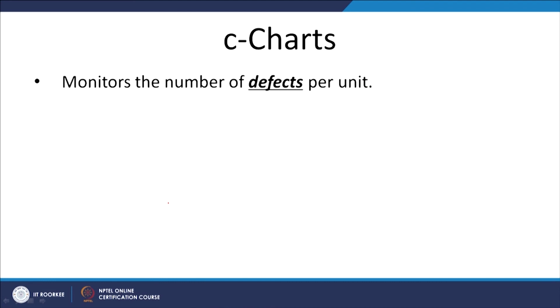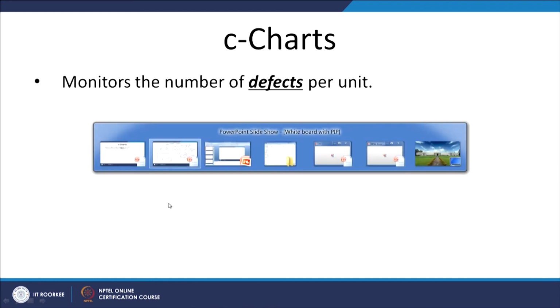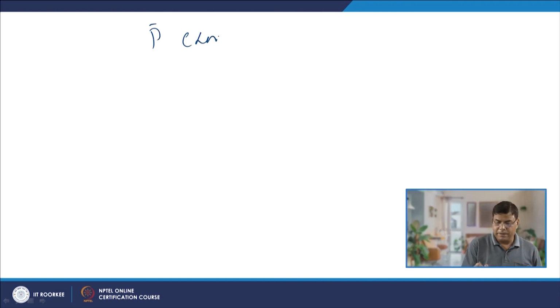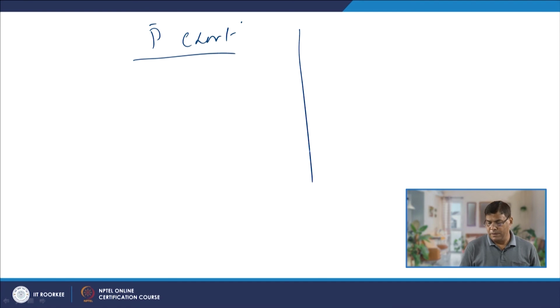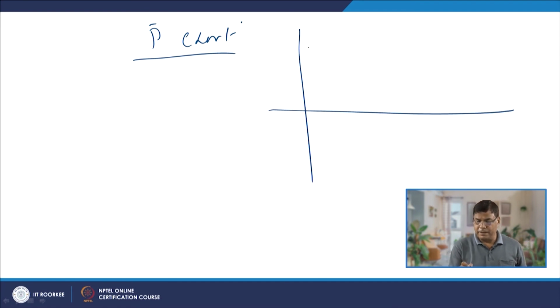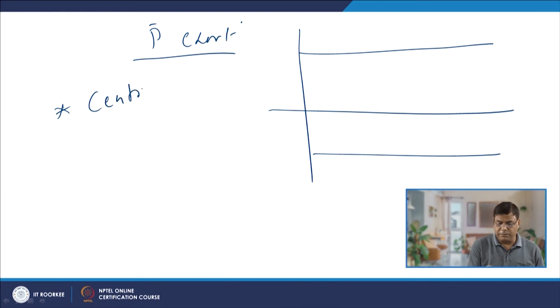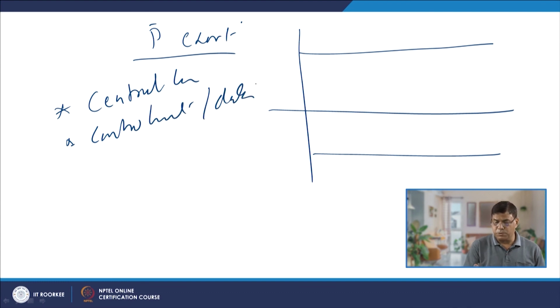Now, we will be talking more about certain inferences that can be obtained from the P chart. There are certain inferences about the P chart that are obtained from the central line and the control limits and the data points which are falling.